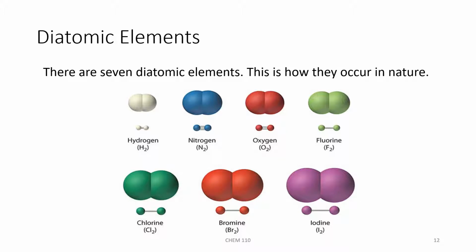Some elements occur naturally as diatomic elements. That means that hydrogen occurs as H2 in nature, nitrogen N2, oxygen O2, fluorine F2, chlorine Cl2, bromine Br2, and iodine I2. You need to know what these 7 diatomic elements are.